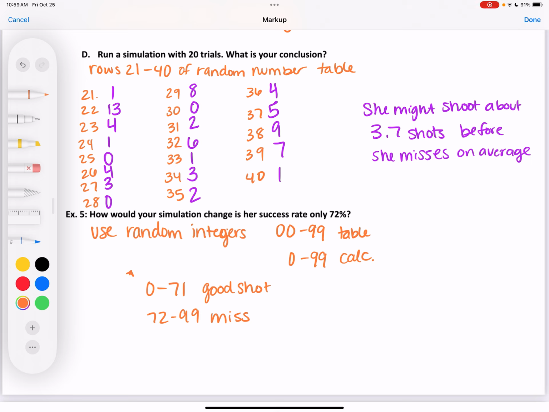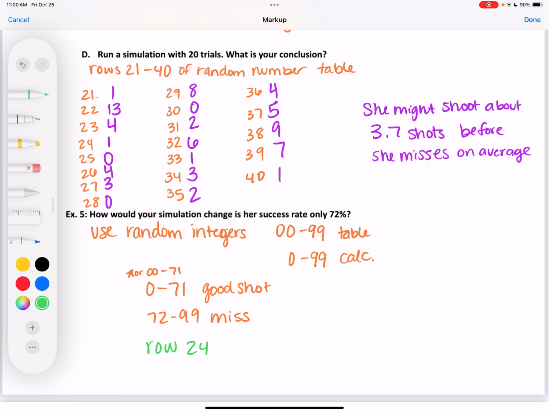I'm just going to note here, 00 to 71, because if you're using the table, then it would have to be that way. Let me look at row 24 just so you can see what this would look like as far as actually calculating this.